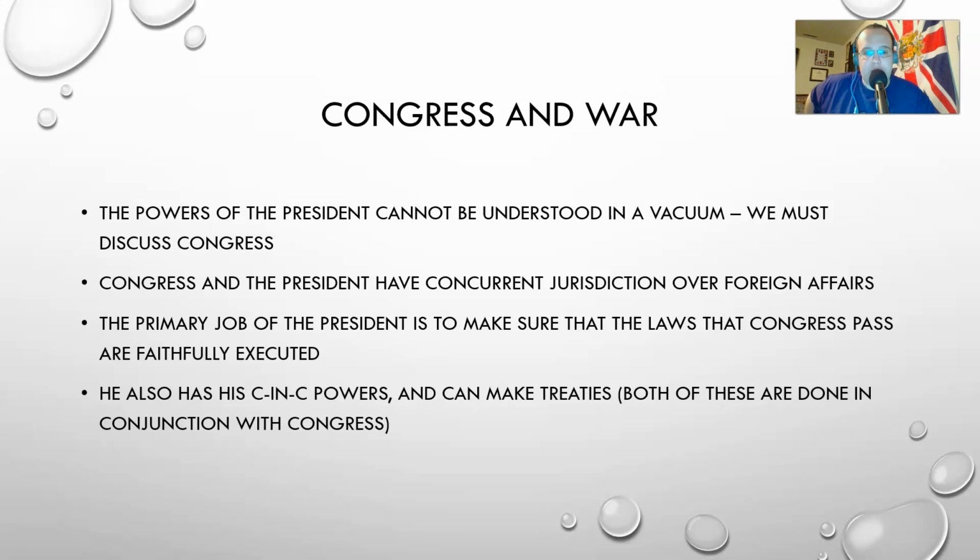So the primary job of the president, because he is the chief executive, is to make sure that the laws that Congress passes are faithfully executed. He also has commander-in-chief powers. I didn't mention this a moment ago, but he can make treaties also. But the treaty thing is also done in conjunction with the Senate.